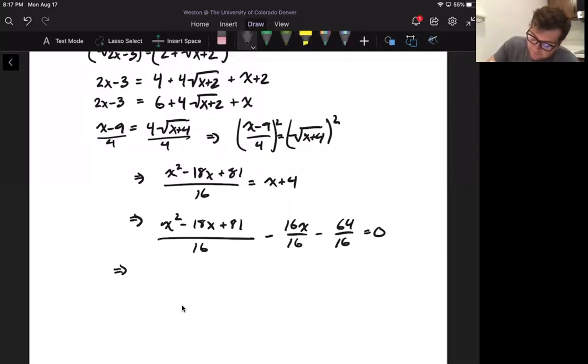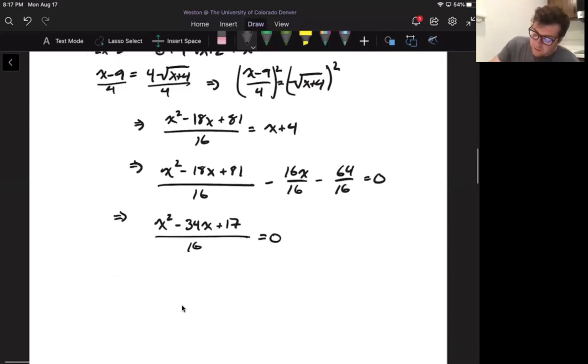So we're going to start combining like terms. It's x squared minus 18 plus 16, which is 34x, and 81 minus 64, which is 17. And all of that divided by 16 and set equal to 0.